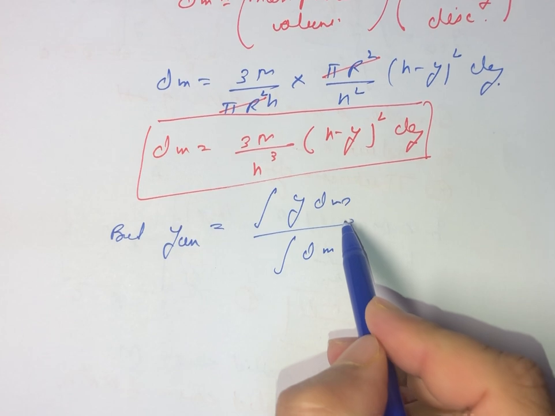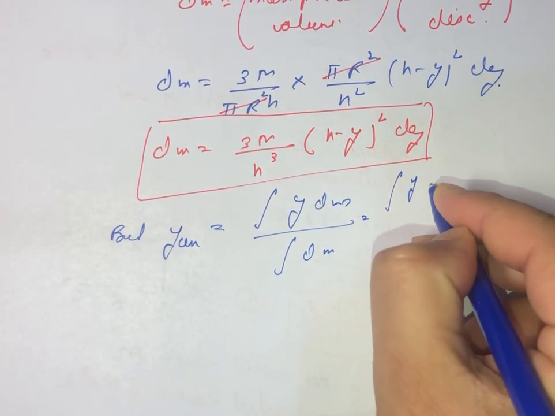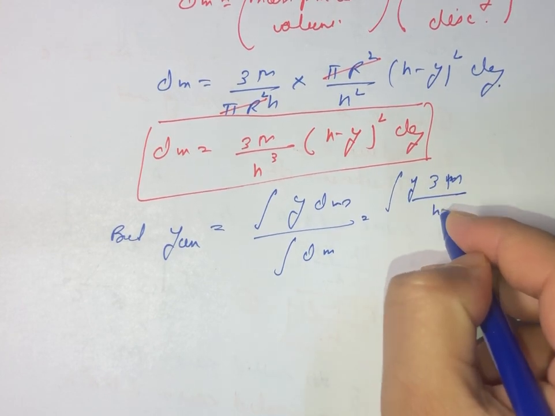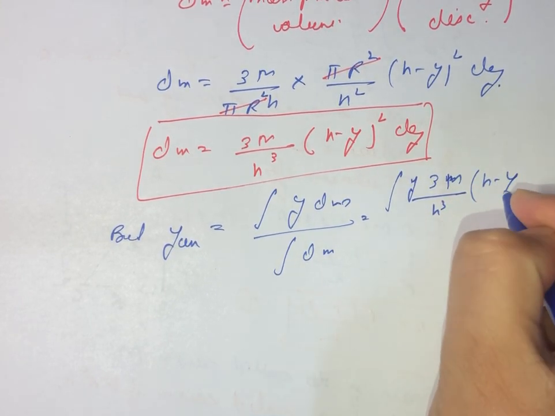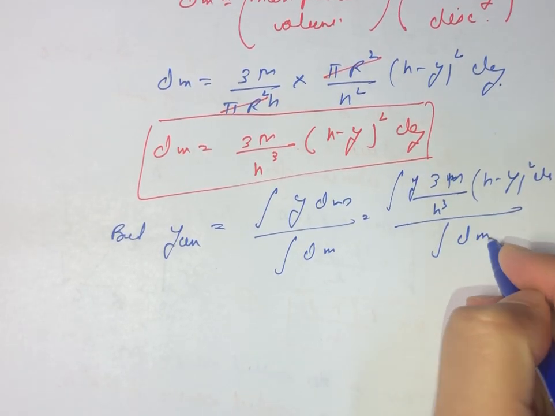We substitute the value of dm, and we get the integration of y times 3m upon h cube, (h minus y) whole square dy, divided by the integration of dm.